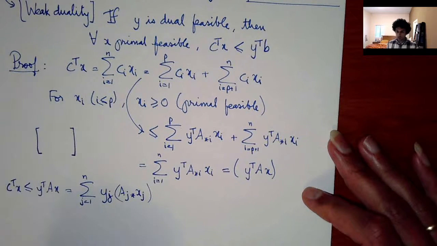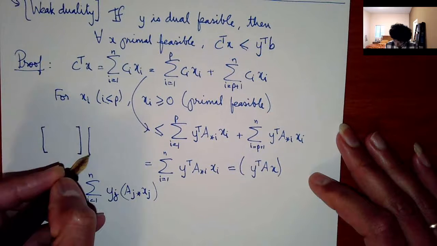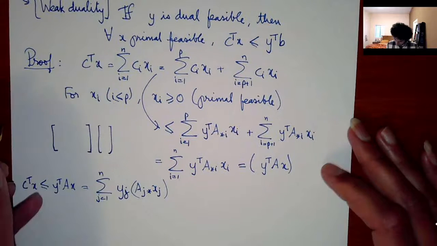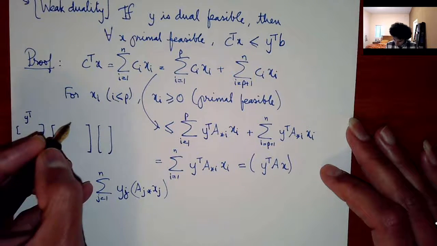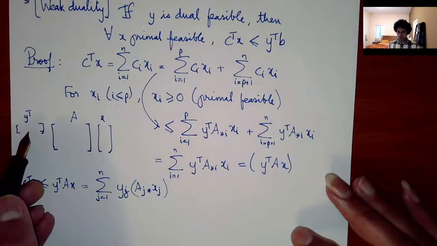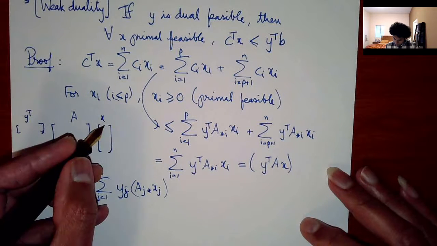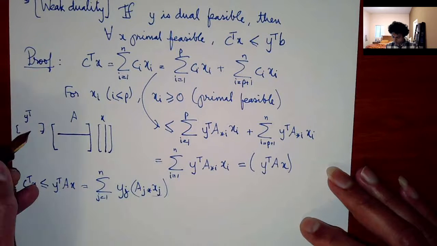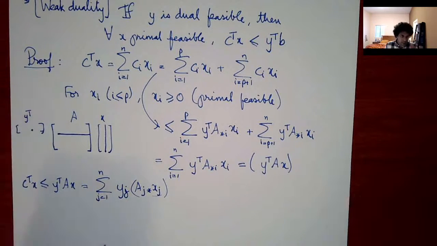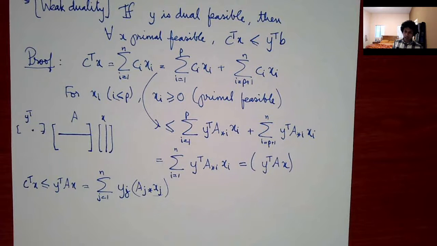So this is A, this is x, and this is y transpose. This is y transpose Ax. So I can also write this as saying that I multiply this with any one of the rows, and then I multiply that by the corresponding coordinate here. So this is just taking a linear combination of these. Remember, Ax is going to be a column vector, and then this is going to be a dot product. So just by writing this sum differently, I get this as follows.